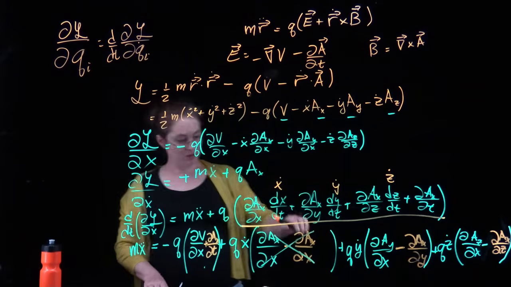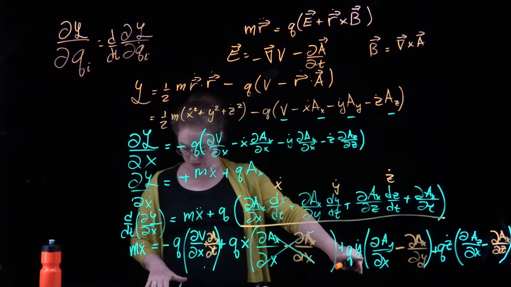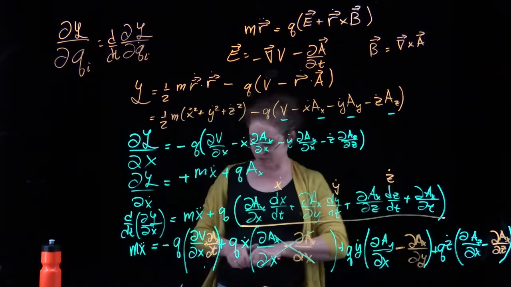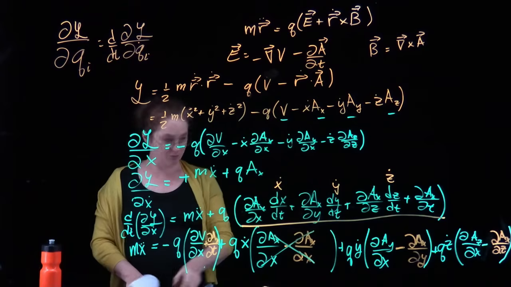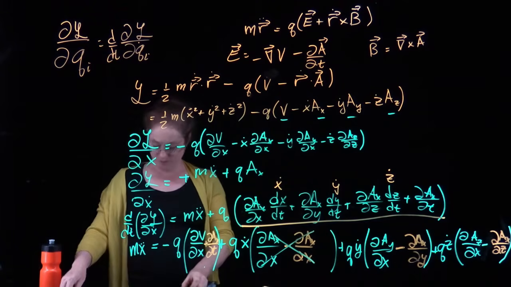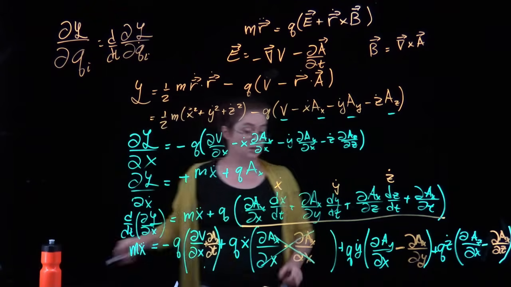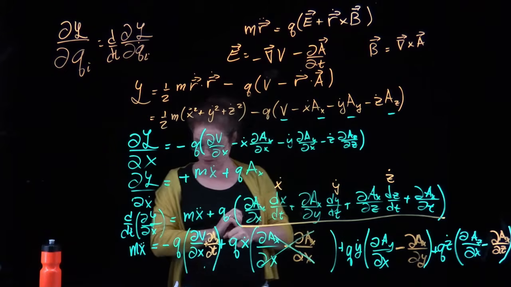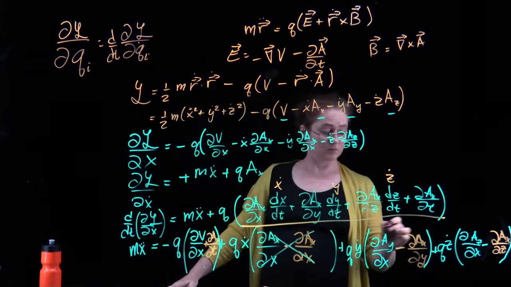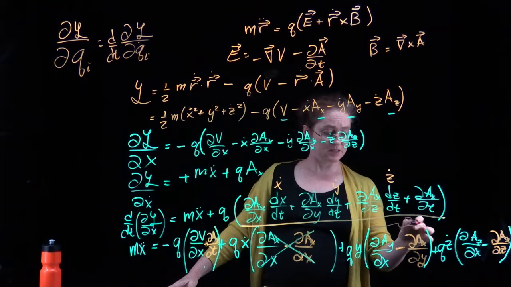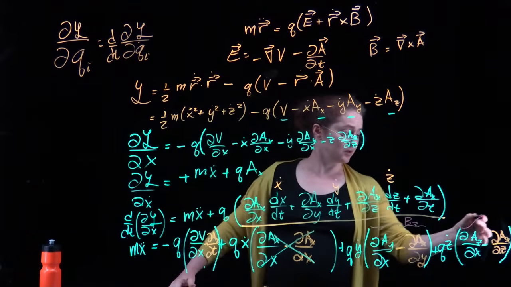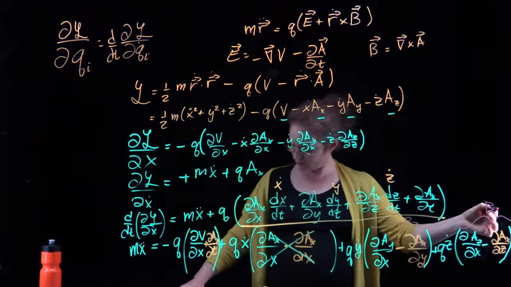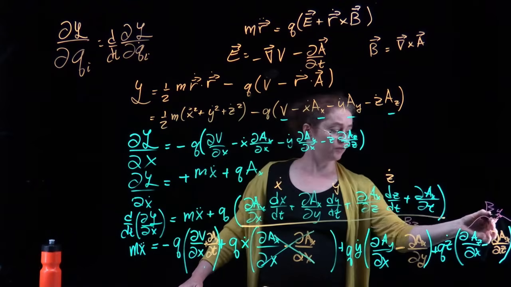And we can also note, so this, from electricity and magnetism, this term is Bz. This term is a negative By.